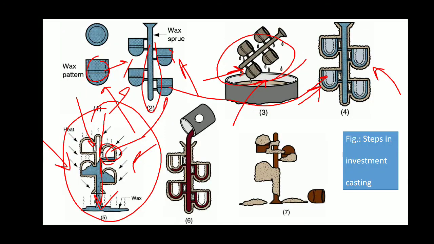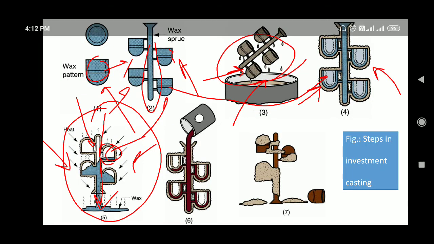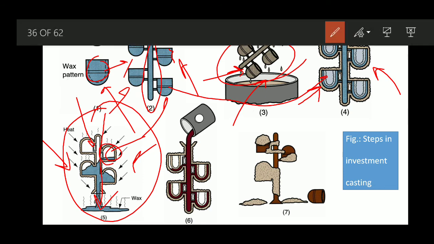So it is preheated so that all contamination is not there. And this is the mold tree, or the sprue, where a number of patterns were already there on the sprue.